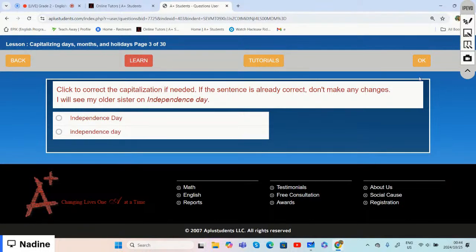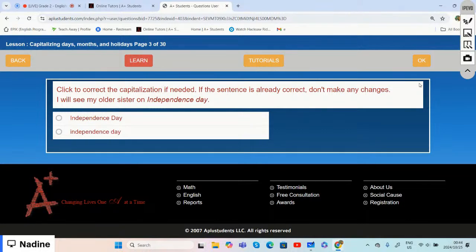It says, I will see my older sister on Independence Day.